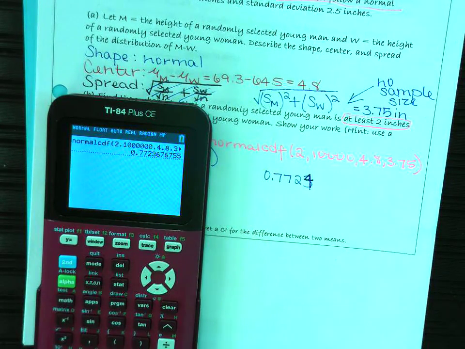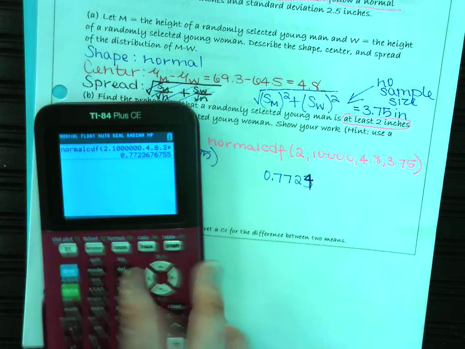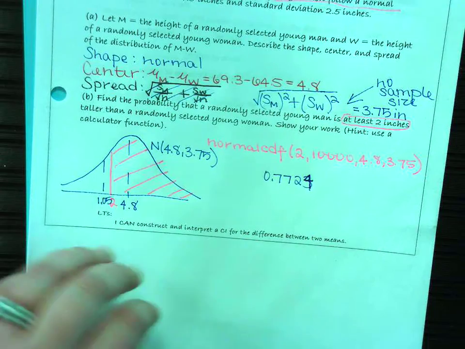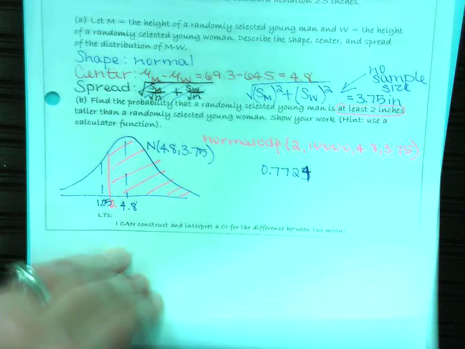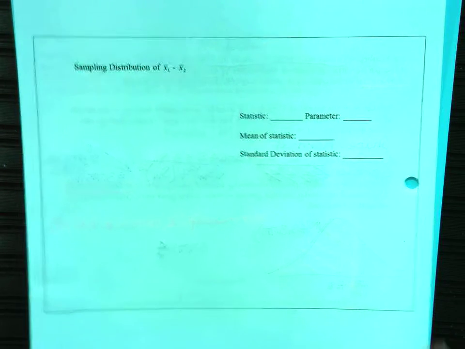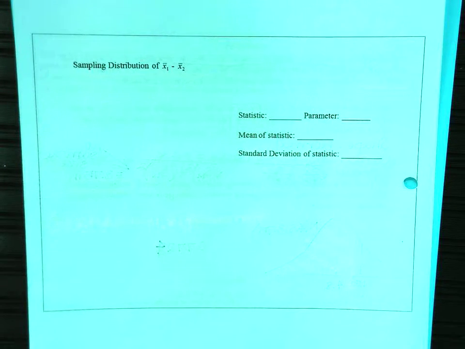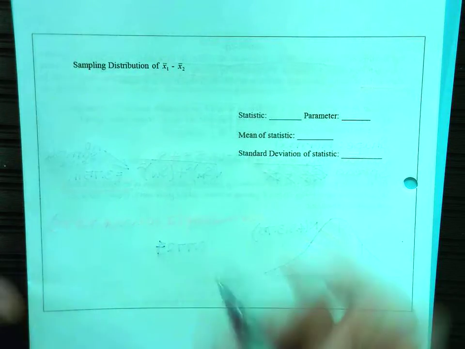Yeah. Okay. All right, so now we're looking at means. So we've been looking at the difference of proportions. Now we're going to look at the difference of means. So we're going to draw a picture for the sampling distribution of x bar 1 minus x bar 2, which we kind of already talked about in the warm-up.